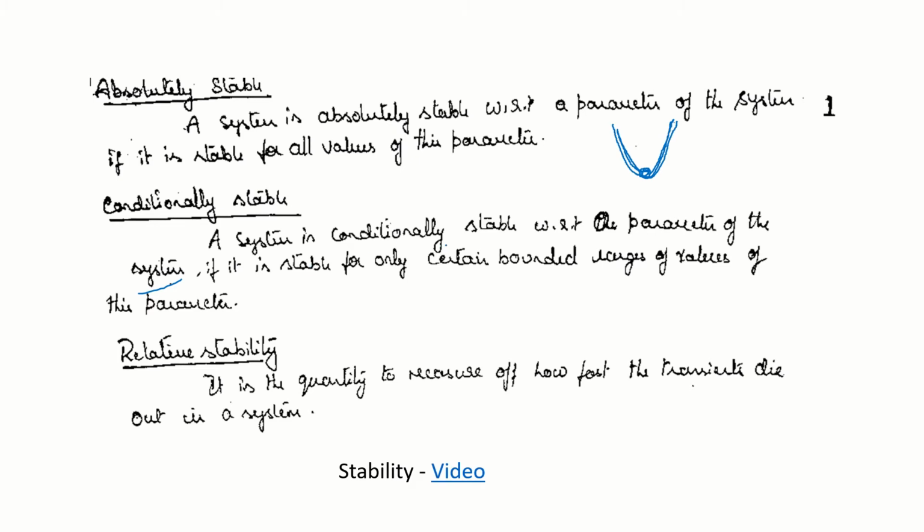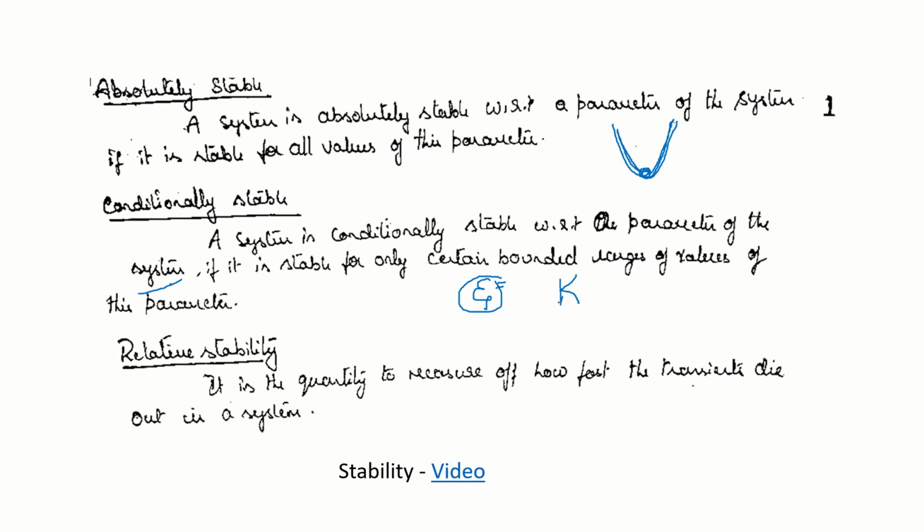Conditionally stable. A system is conditionally stable with respect to a parameter of the system if it is stable only for certain bounded ranges of values of this parameter. Suppose for particular values of gain k, it may remain stable.